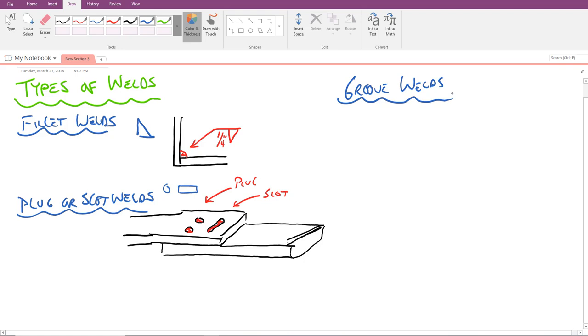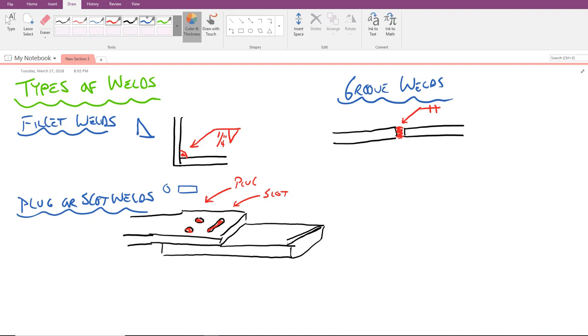Your textbook has a number of those, but the idea here is if we're butting up two pieces together, let's say these are square pieces right here, you might see a weld that fills in the gap between those two pieces of metal, and we would notate that with a symbol that notates the orientation of the two pieces of metal.